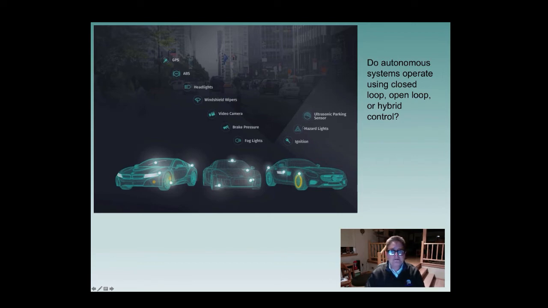And this would be an example of what you might see in a heads-up display. So it's showing you that your headlights are on, that the windshield wipers are on, and so on and so forth. So the question I have is, do autonomous systems operate using closed loop, open loop, or hybrid control? Well, how do you think that autonomous driving vehicles operate?